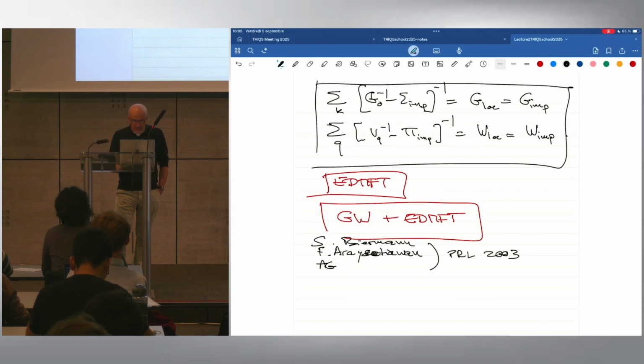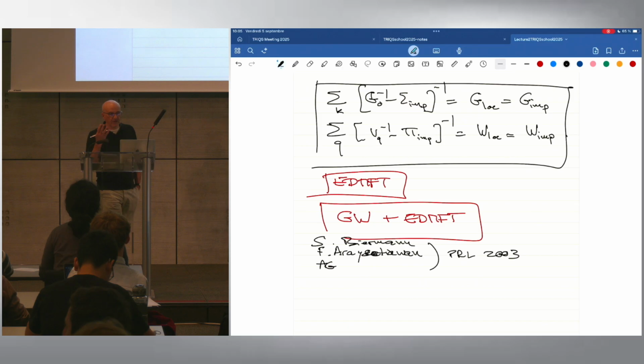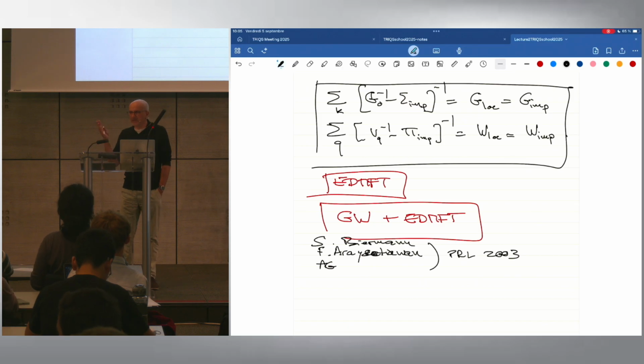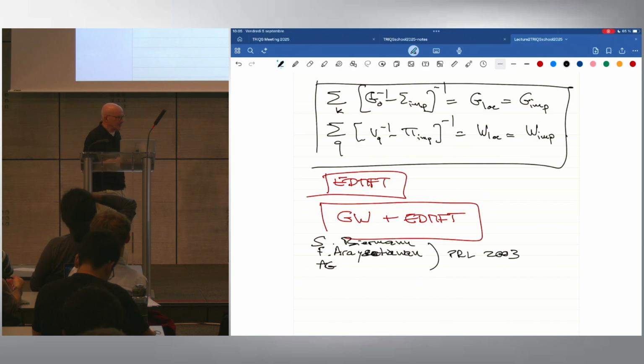Okay, so I have to tell you about GW so that you understand what I'm talking about. And there are two ways to talk about GW. One is the hard way, by introducing functionals of G and W and the Hedin equations and so on. I doubt I'm going to have time to do that.